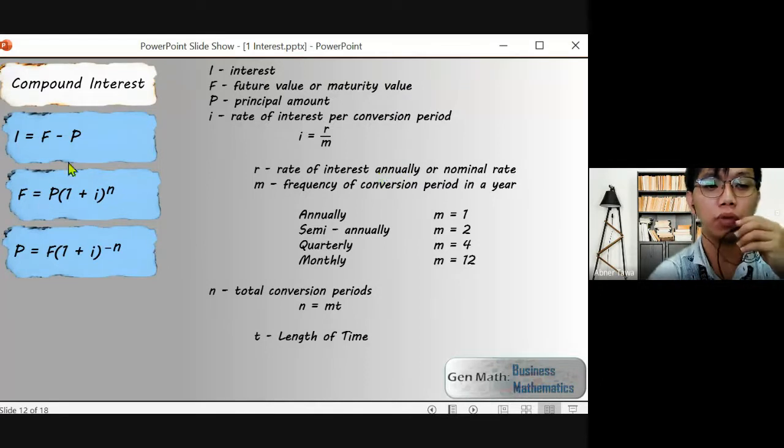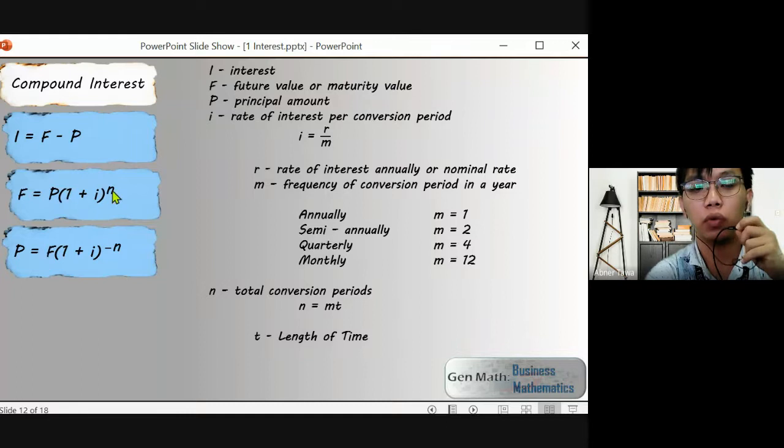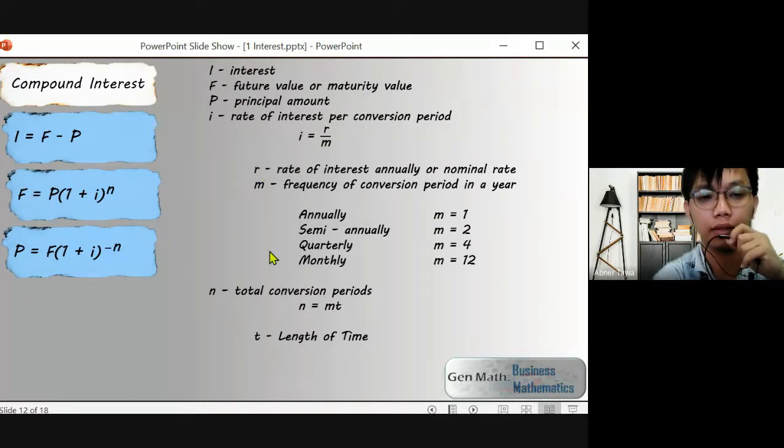So ang purpose ng formula dito is we can solve directly yung future value instead of using the long solving na ginawa natin kanina doon sa previous example. So para ma-solve natin directly yung future value, you can use this formula. But of course, you are going to determine first yung I and N. Okay?